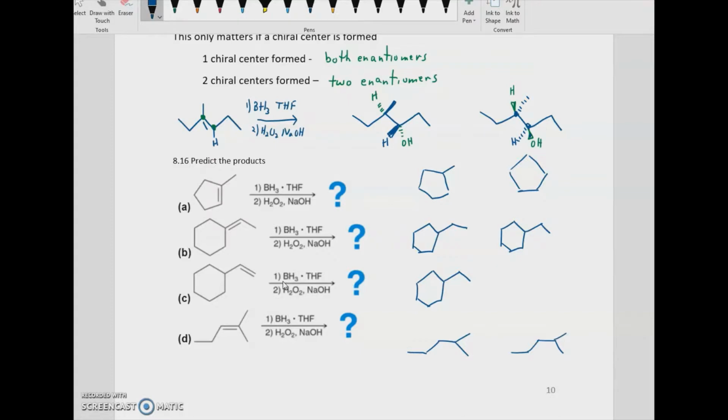Okay, so we're going to add the hydroxy and hydrogen. We're going to add the hydroxy to this position right here, and the hydrogen will get added up here.